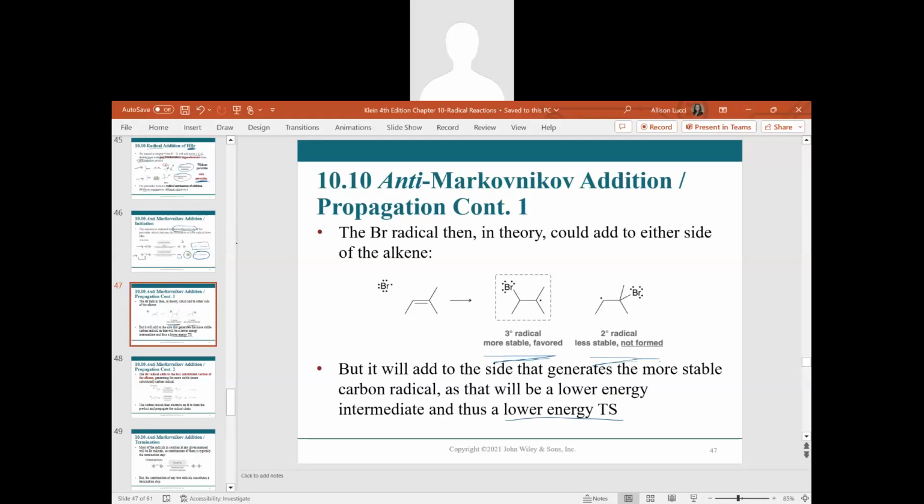So the more highly substituted position in one case would not produce the more stable radical, like in this case, so that's why this is an anti-Markovnikov addition. We're going to have a different site selectivity. So this radical here is generated, but this site over here is brominated. So that's why it's not going to be a Markovnikov addition.